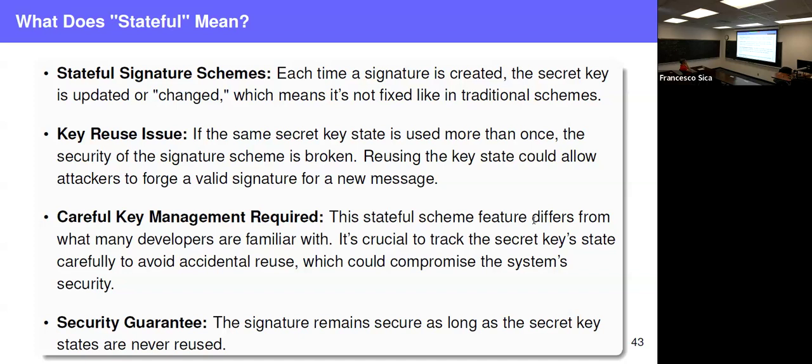This requires careful tracking of the key's state. So we will introduce an index for each key to track them, to make sure whether they are used several times or just once.